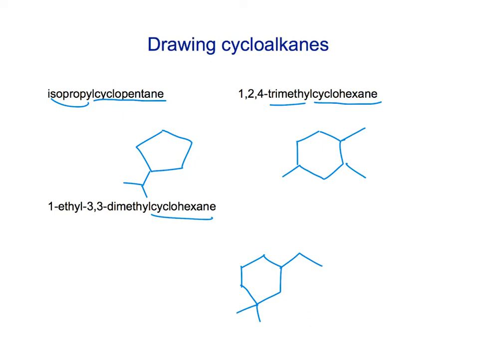So is this correct? Is that name correct? Well, no, the numbering is not quite right, because if we have more than 2 substituents, we want to try to give the second group the lowest possible number. So if we start numbering over here, 1, 2, 3 in this direction, it puts the second methyl group also at position 1.